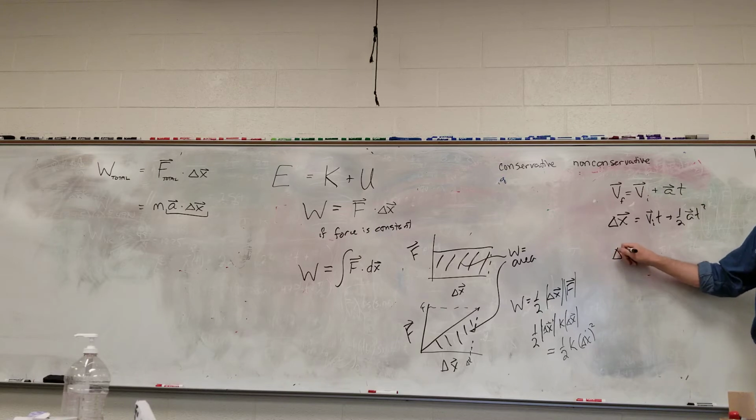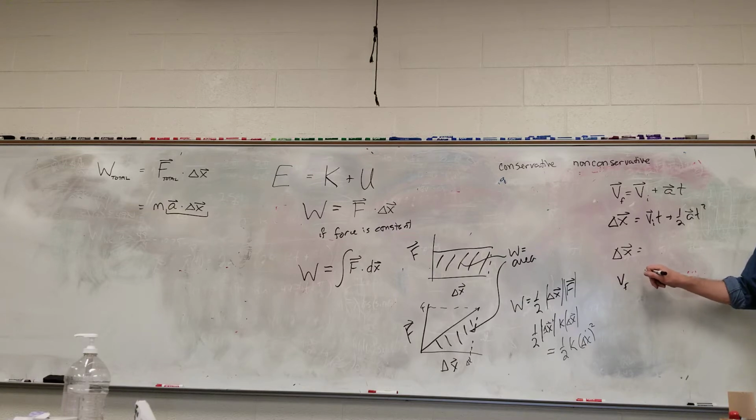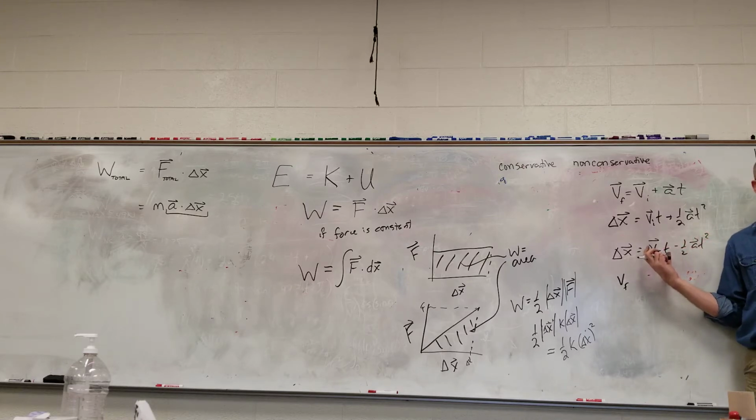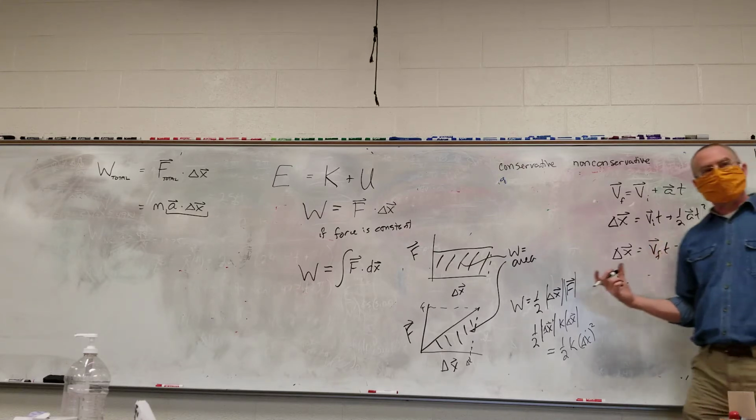And then isn't there one that's delta X equals VFT minus 1/2 AT squared? Yeah, that's the one that some textbooks don't bother writing down, but some do. I'm guessing yours did. Yep.